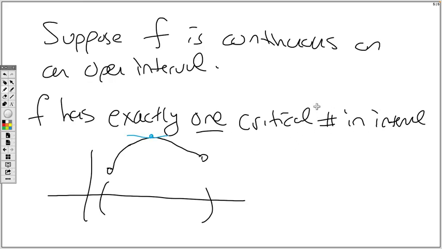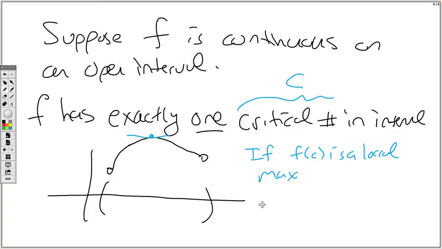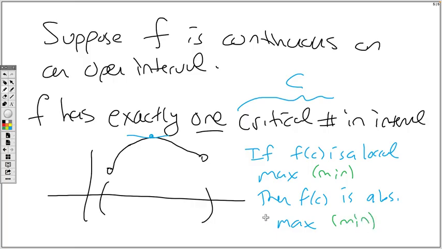Let's call this critical number c. If f of c is a local max, then f of c is the absolute max. And analogously for min. So if you have only one critical number and you got a local max, that's got to be the absolute max.